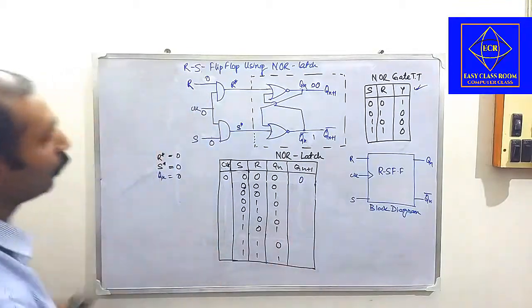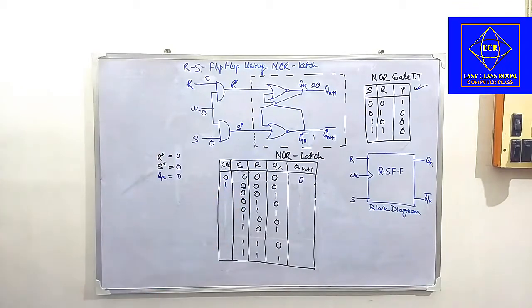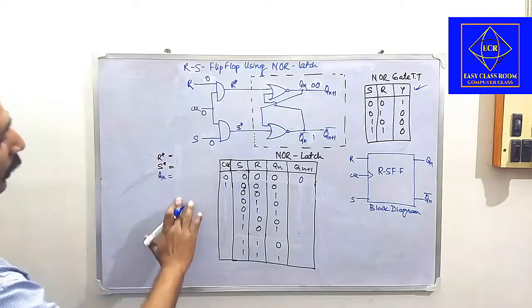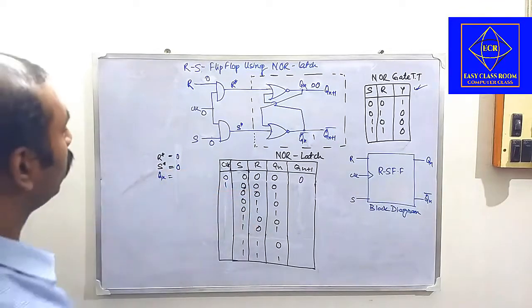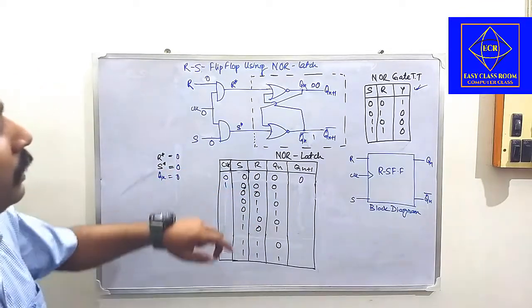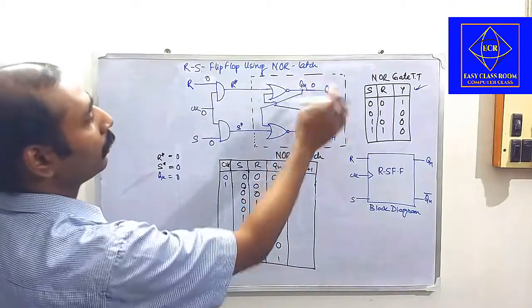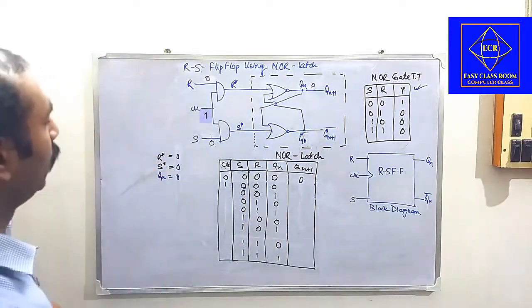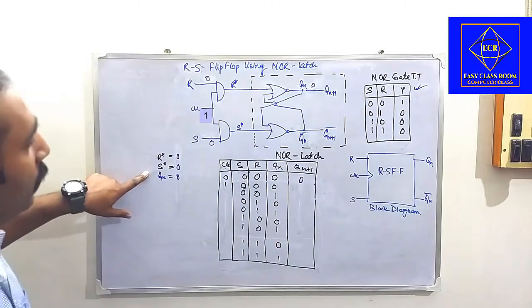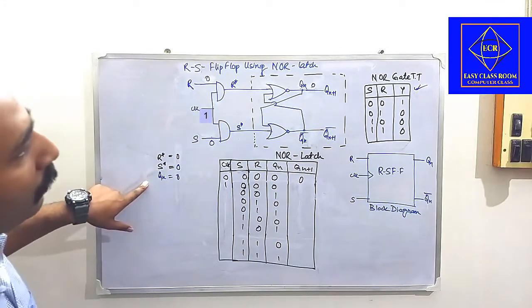Okay. So what happens when the clock is 1? So when the clock is 1 and the S is 0, R is 0 and QN is also 0. So what happens? So the same thing happens. The S star is also 0, R star is also 0 and QN is 0.